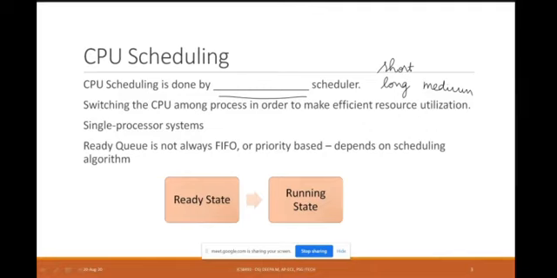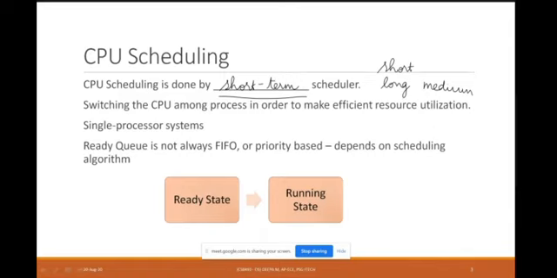CPU scheduling is done by which type of scheduler? Yes, it is a short-term scheduler. Good. So our short-term scheduler will be involved in your CPU scheduling.